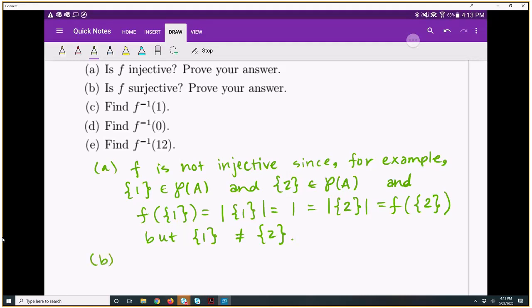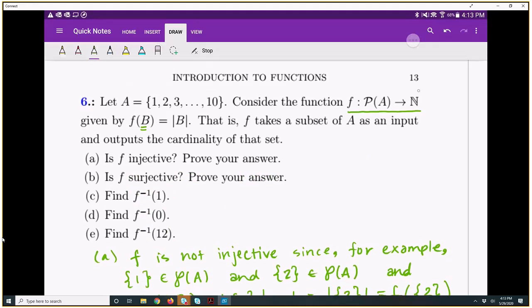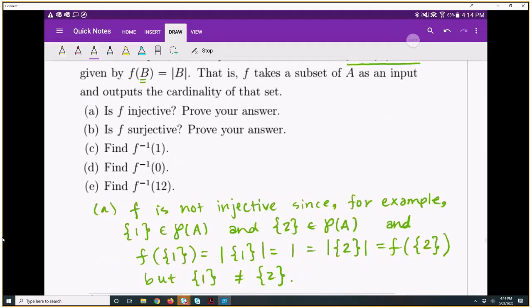Is it surjective? Well, remember, the codomain is the natural numbers. So in order to be surjective, I would have to have a set in the power set with cardinality for every natural number.